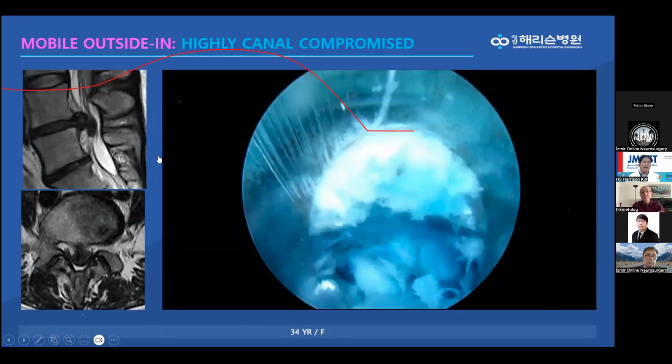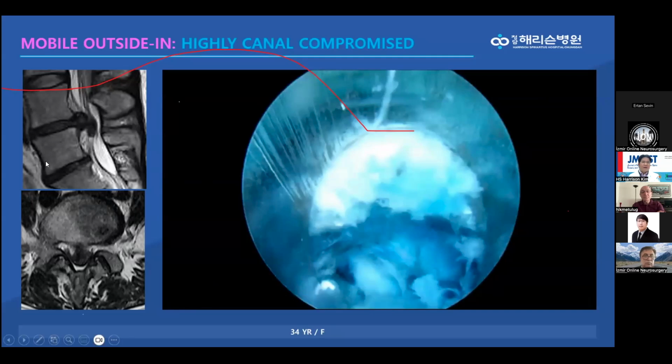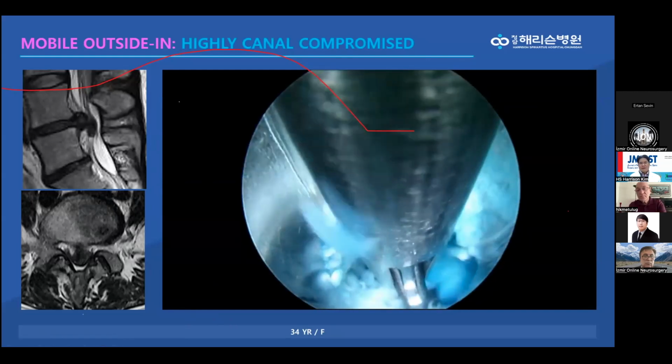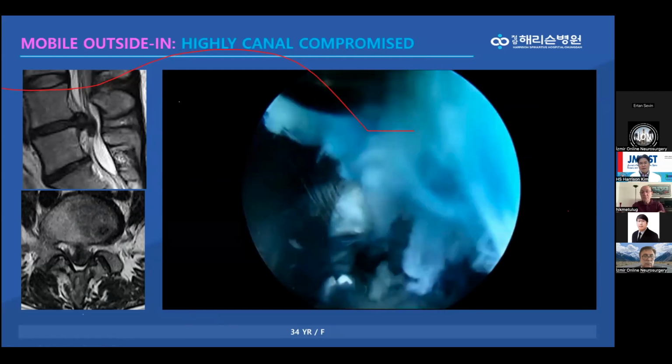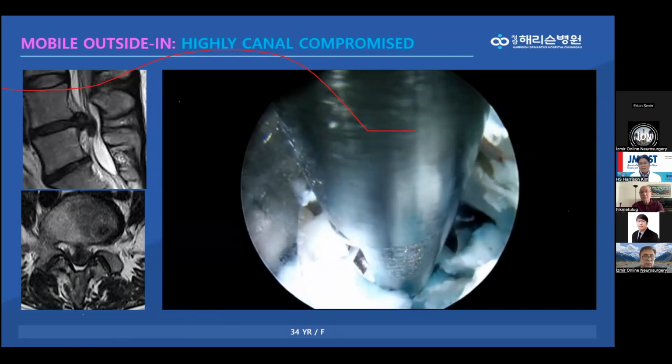Another case is a high canal compromise with a foot drop patient. The patient also used the mobile outside-in technique for a very huge disc. The working channel is docked to the Kambin triangle, then expose the epidural space here.